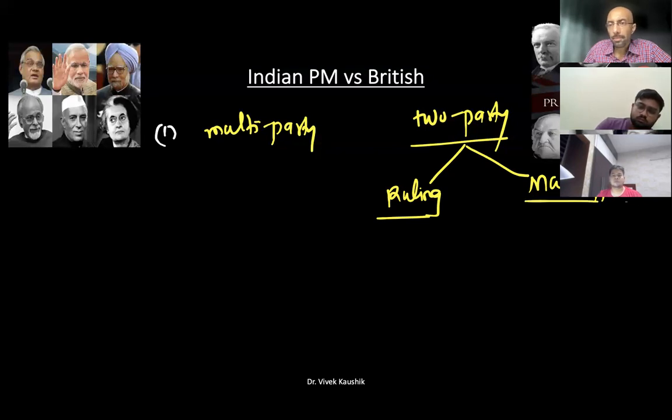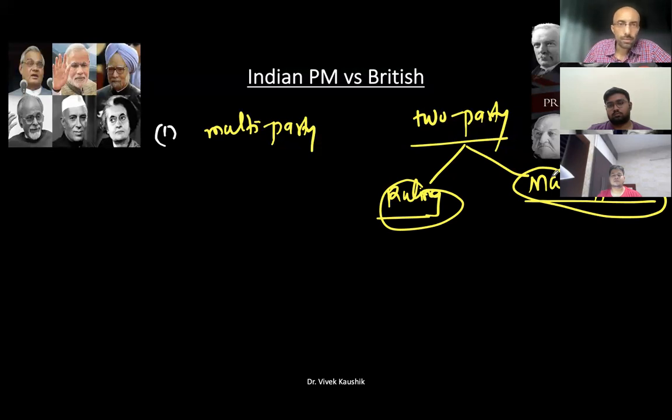In the past, the number of seats of the ruling party and the opposition party, the difference is not great. The difference can be of, let us say, 20, 30, 40, 50 seats maximum, which means the ruling party does not have an absolute or a very clear majority in the lower house, the House of Commons. So if the ruling party is not able to deliver on its promises and the British people are not happy with the performance of the government, they always have a ready alternative prime minister. A government can be formed by the main opposition party.